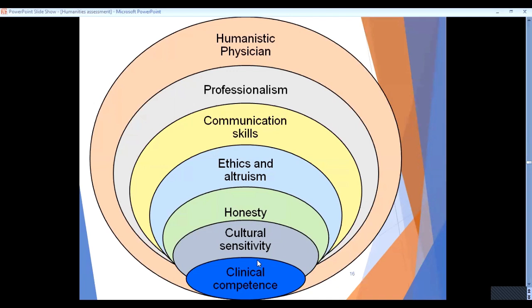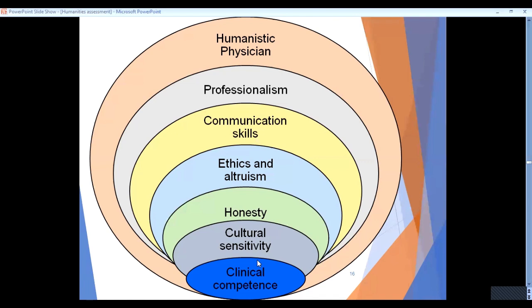There are many physicians who, we must know, are clinically very, very competent, but they lack humanistic qualities. No doubt he might be a good physician as far as his clinical knowledge is concerned, but we might not like to call him or her a humanistic physician, which is actually required. Under that umbrella, we have professionalism, communication skills, ethics, honesty, cultural sensitivity, etc.